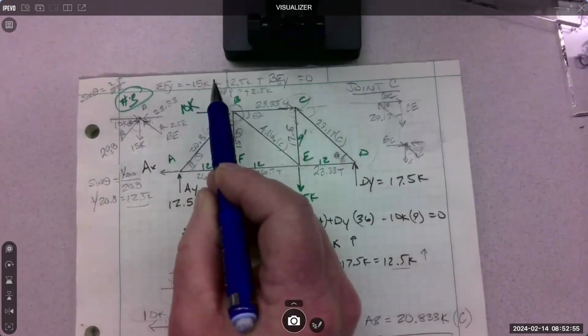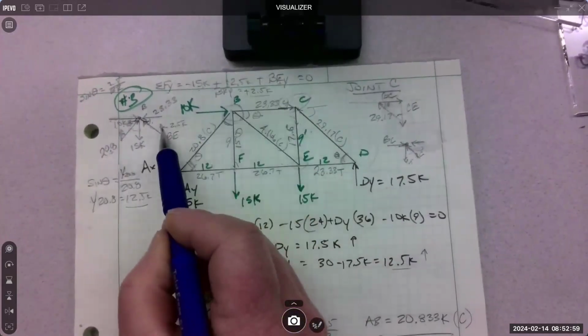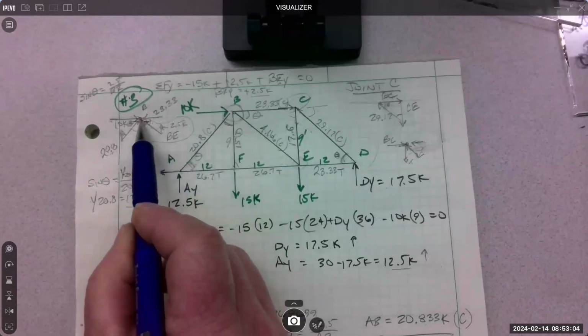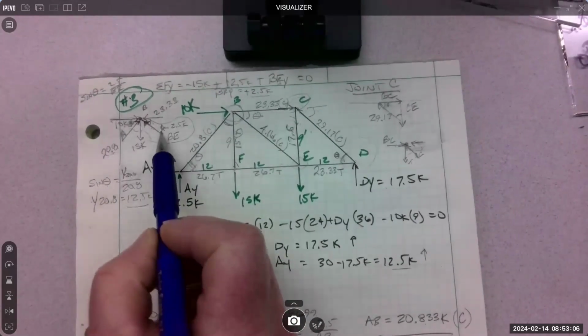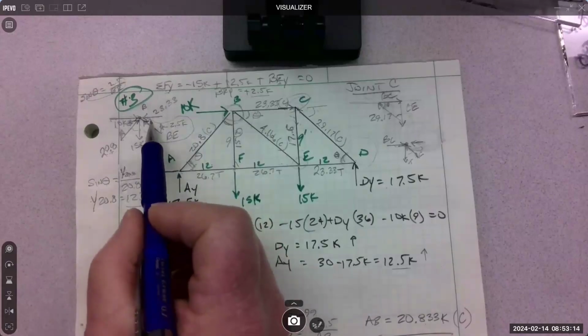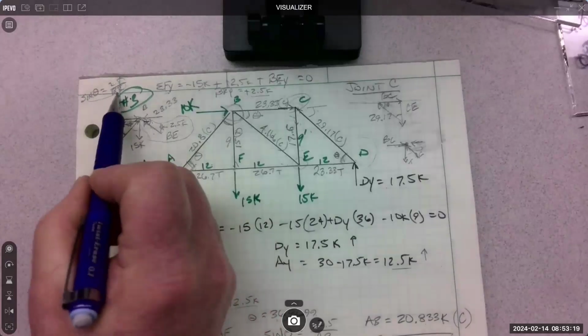So we've solved this BEY for 2.5, and I put it in right here. Then I just isolate BE because I know a component of BE and solved it. And that's what this little shenanigans is up here in the corner, where I took the sine of this angle, which is opposite over hypotenuse: 2.5 over BE.